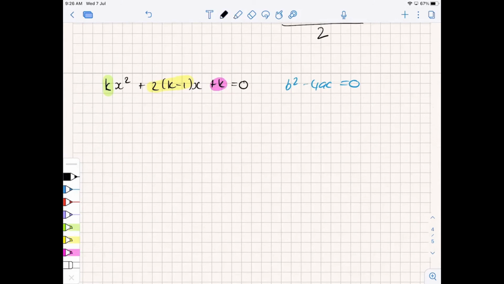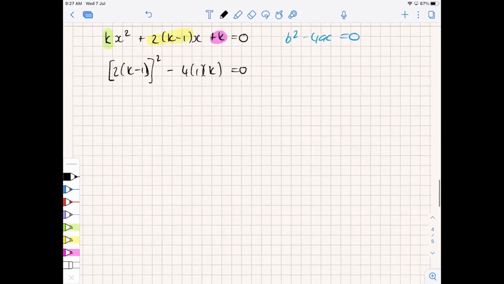Okay, so now I'm just going to make the discriminant equal to 0. So I'm going to have 2k minus 1, and this is all squared, including that 2, minus 4 times 1. C is just k, and we want this equal to 0. Okay, expanding that bracket out, that 2 is going to become a 4.